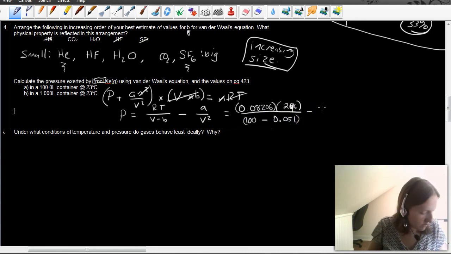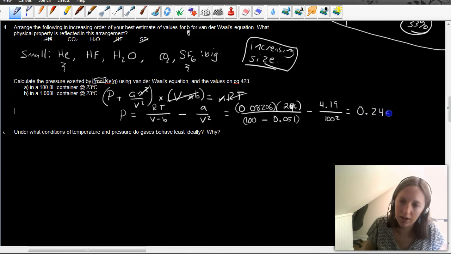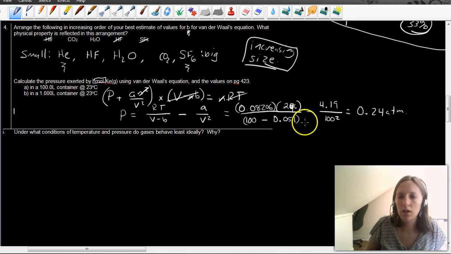Minus A, the value for A is 4.19. And again, over your V squared, 100 squared. You work all that out, and you get 0.24 atmospheres.